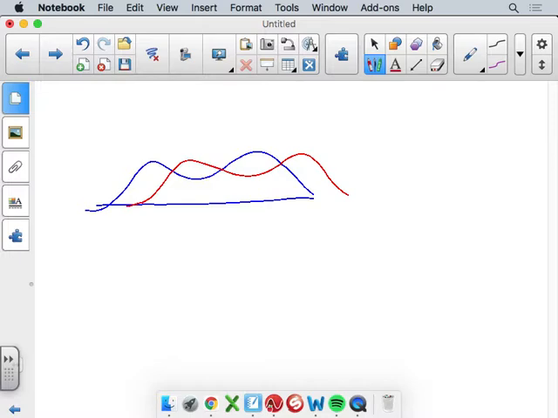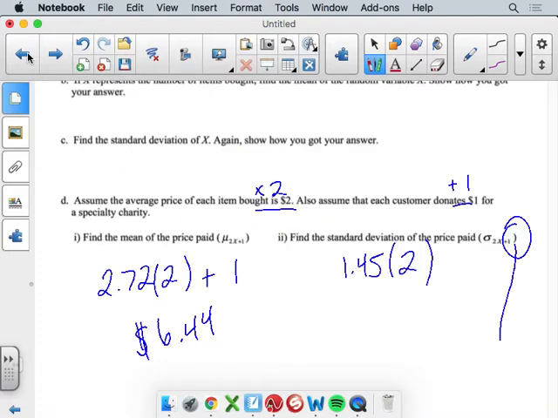Let's say this is our mean, so the mean gets shifted, but the standard deviation, let's say this is my standard deviation, doesn't change. It still becomes the same width. The width of it doesn't change just by adding. So when I come back to this, the addition or subtraction doesn't change.